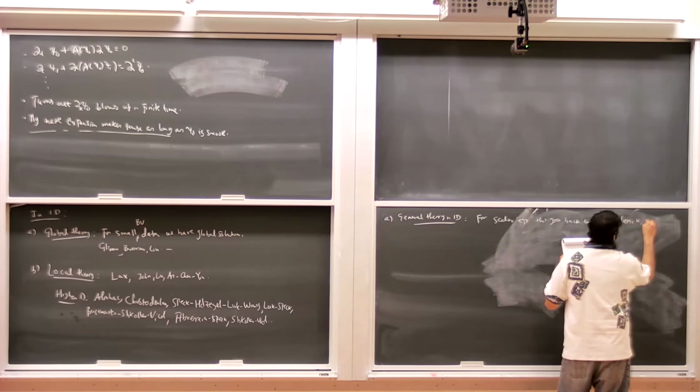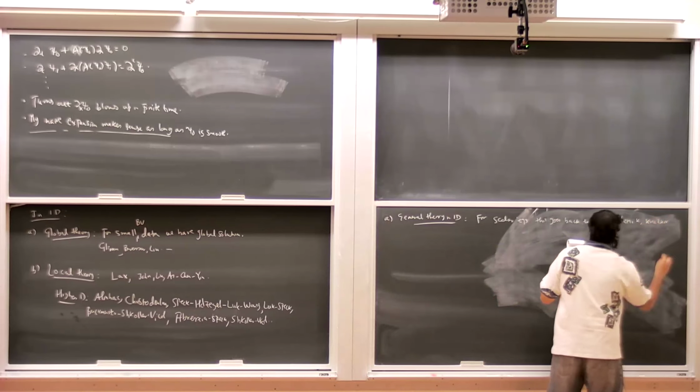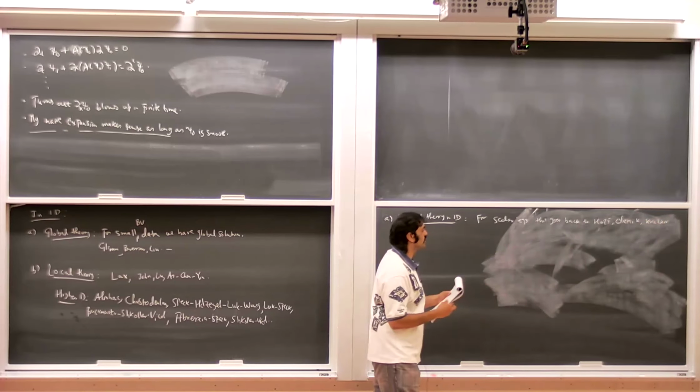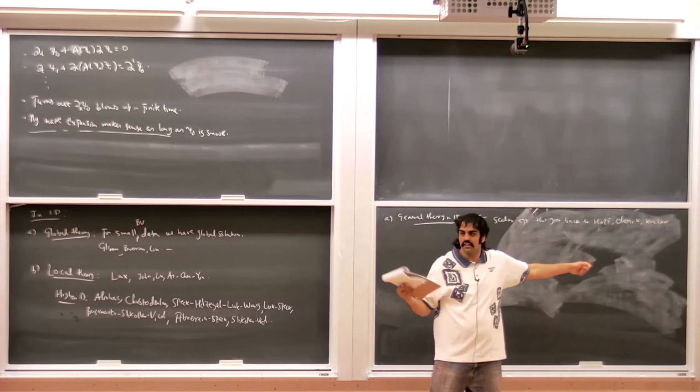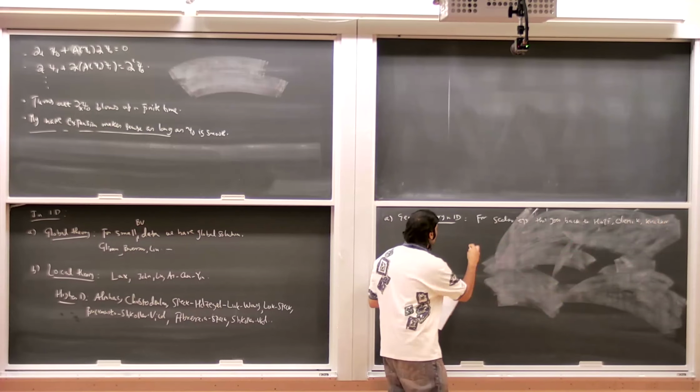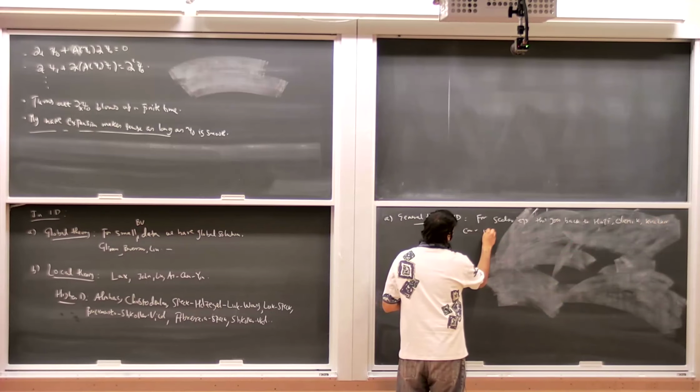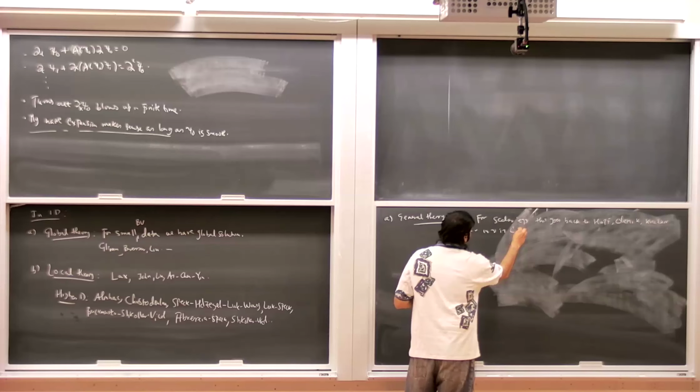What they prove is that you have existence in small BV, and then you have convergence in L1. So convergence in nu in L1 spaces.